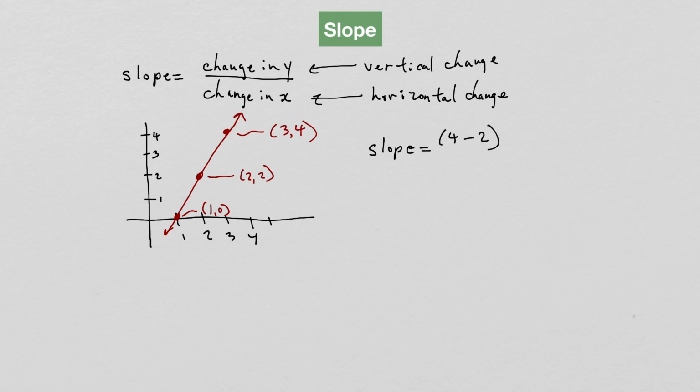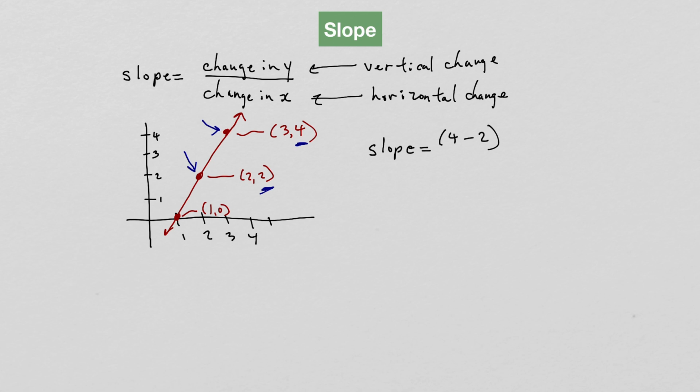Okay, and the reason we're going to do 4 minus 2 is because we're going to take the slope of this point to this point. So this 4 minus 2, we're taking the y values of 3, 4, which is this value here, and then the y value of 2, 2, which is this value. Okay, so it would be 4 minus 2.